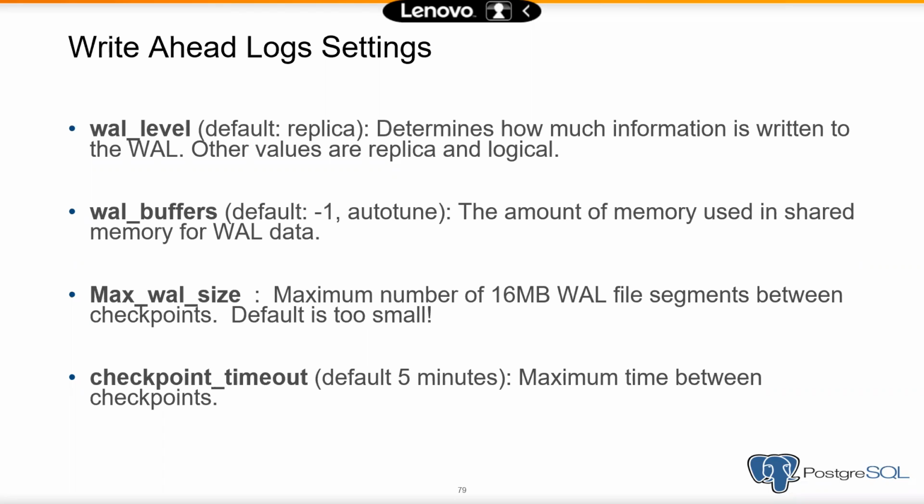It should be at least greater than 30 minutes. And the max file size says 1 GB. Even that 1 GB is not good. It should be at least 120 GB, 200 GB, so that IO performance will be improved. If you have a low checkpoint value, then you are putting a lot of load on the production server.